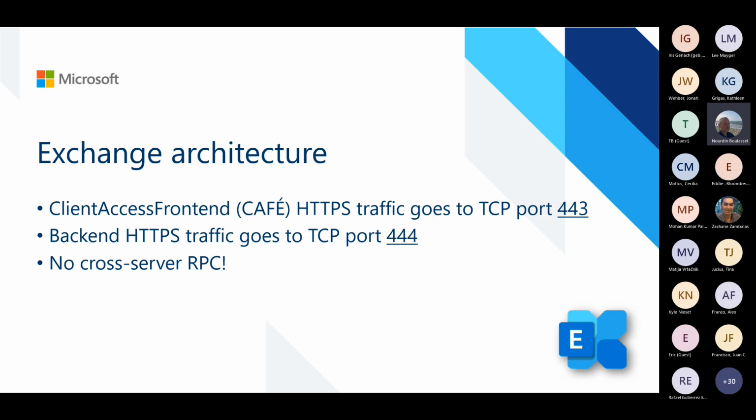It might be the same server, it might be a different one, depending on how many servers you have. And note, there is no cross-server RPC in Exchange 2013 and onwards.